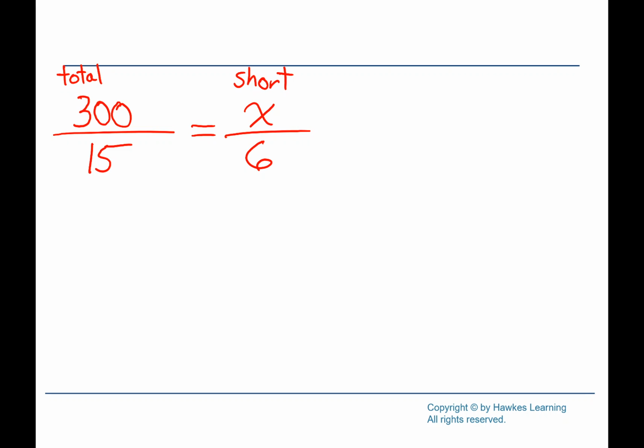And then same song and dance, right? We've got proportional equations, so we cross multiply. Okay, so 15 times x, 15x. 300 times 6, 1,800. And then we divide both sides by 15. I don't know what that is. That's 120.